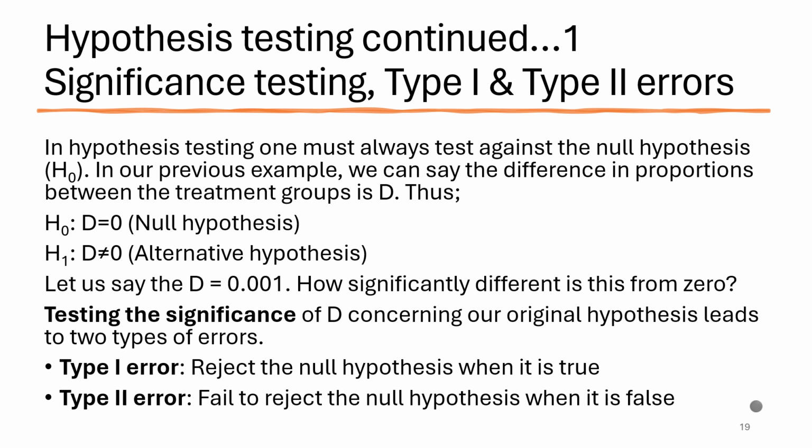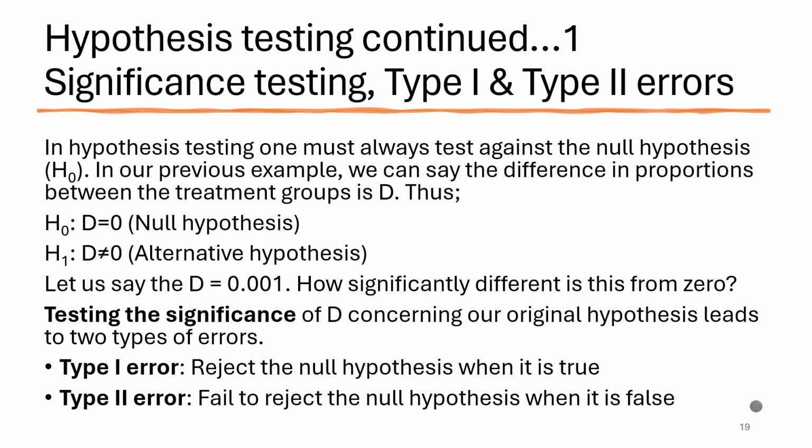This is where you reject the null hypothesis when it's true. And in this case, our null hypothesis is that the difference in proportions is equal to 0, right? So we reject the null hypothesis. We're saying that, oh, there is a difference in proportions, but the reality of the matter is that no, actually, there's no difference in proportion, right?